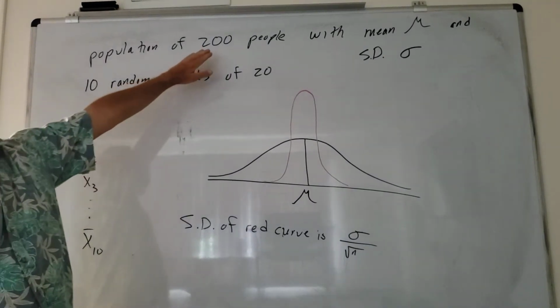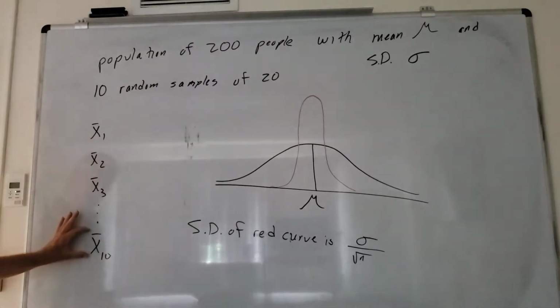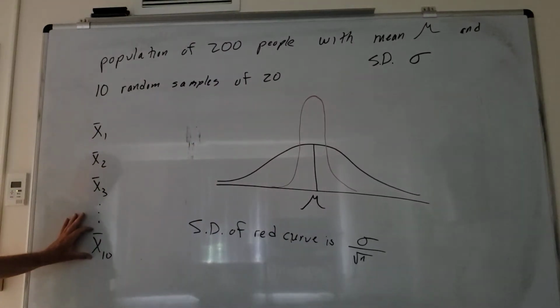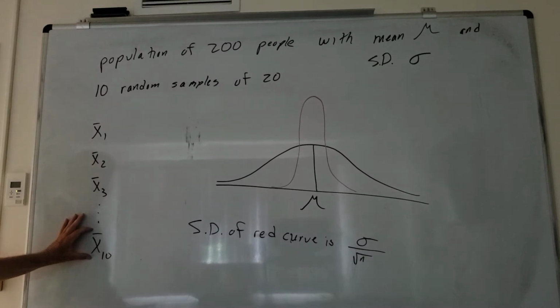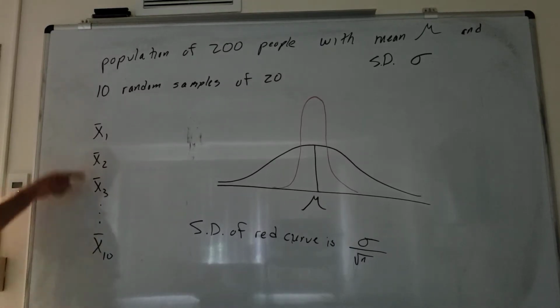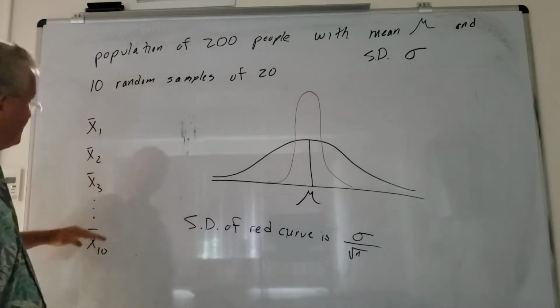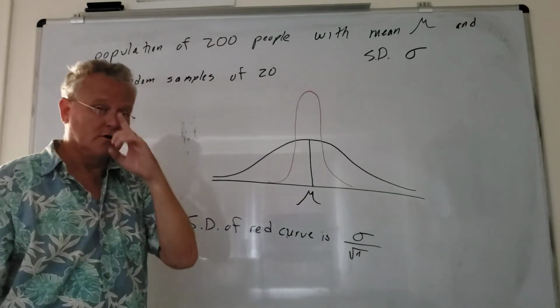Now there's 160 people. I randomly pick 20, and so on and so forth. And by the time I'm done, the last 20 people left will be the 10th sample, and I take the average, that'll be the average of the 10th sample. So I've got 10 samples, 20 people in each of these samples gives me a total of 200 people.